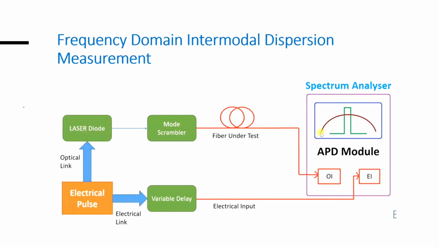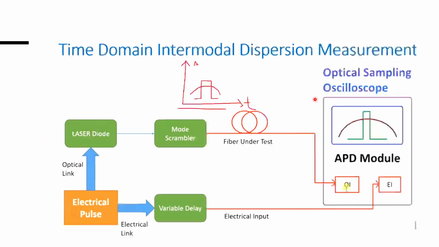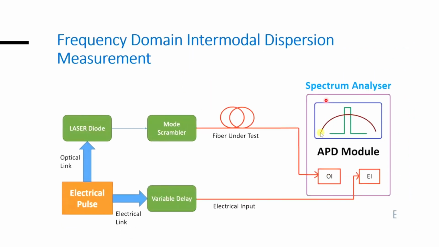Now let's get started with the frequency domain intermodal dispersion. So in frequency domain intermodal dispersion, as you can see here, all the block diagrams are the same, except the spectrum analyzer is present here. In the time domain we have the oscilloscope, and here we have the spectrum analyzer.